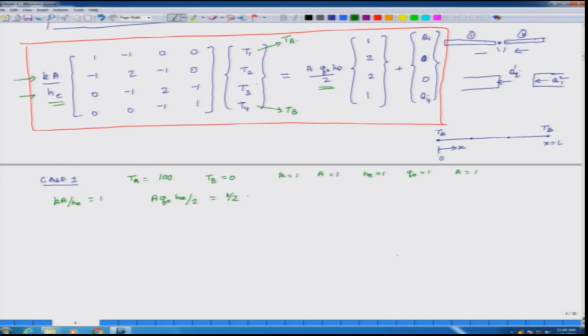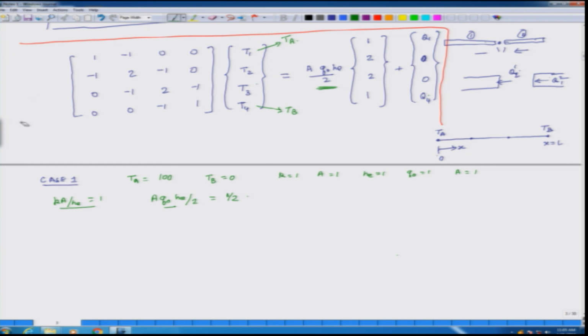So, what we are doing is that we are going to prescribe K A over H E as 1 and the other term as half, and solve for T 2 and T 3. So, we will write down equations from these 4 equations for T 2 and T 3. So, first thing I will do is erase this K A over H E because it is nothing but 1.